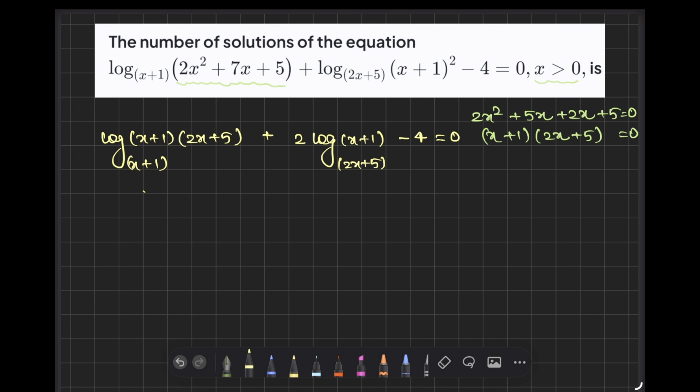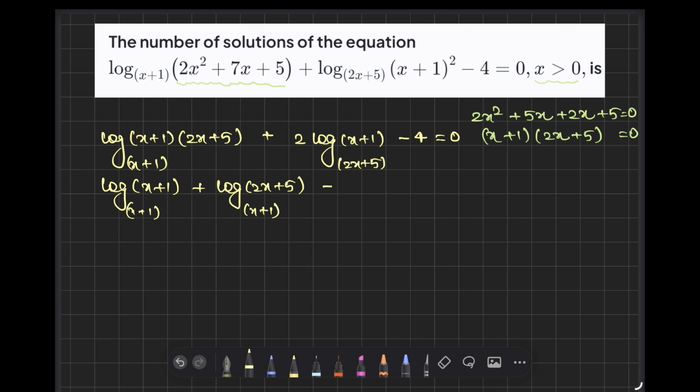Now look at this part. Can I write down this thing as log m plus log n? So it is log x plus 1 plus log 2x plus 5, and the base is x plus 1, x plus 1.